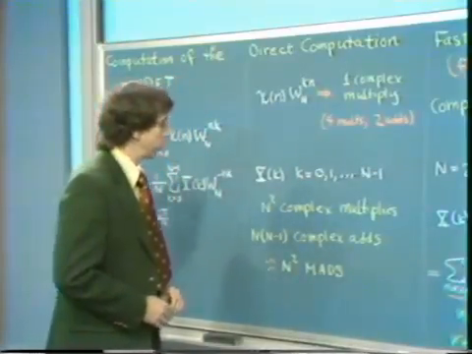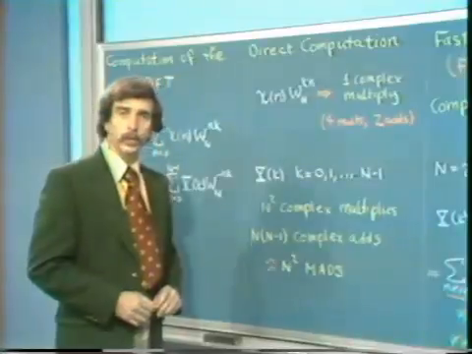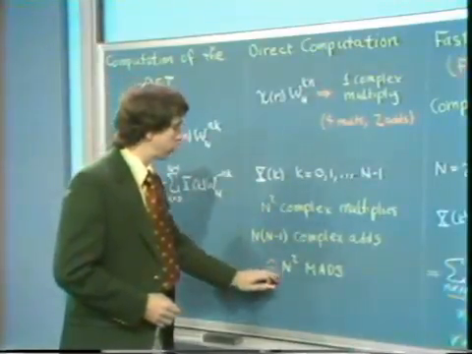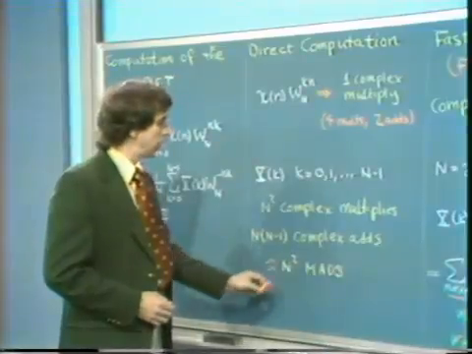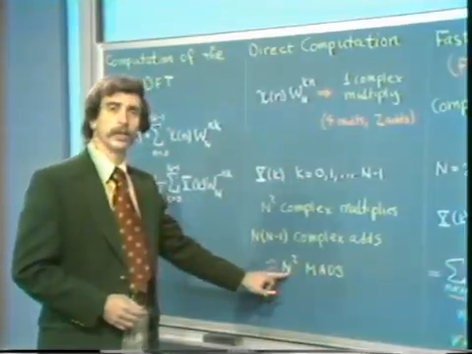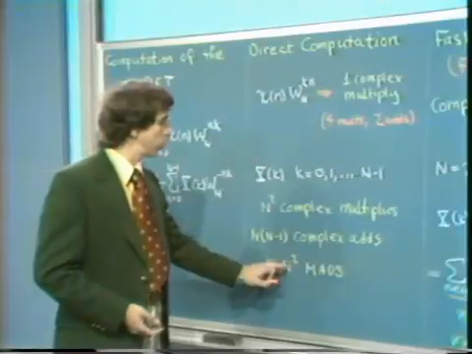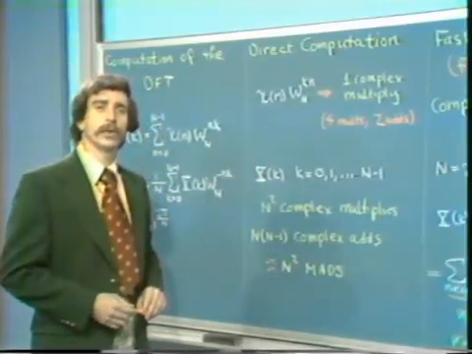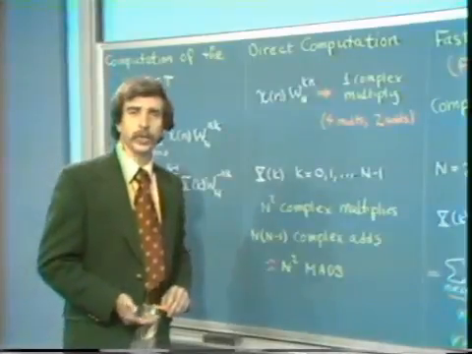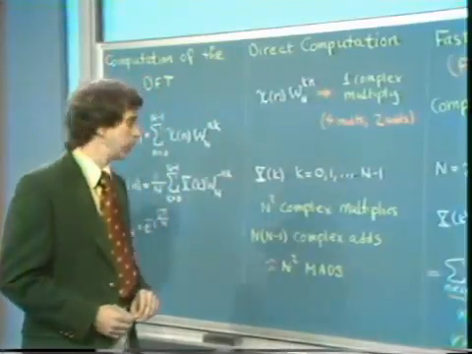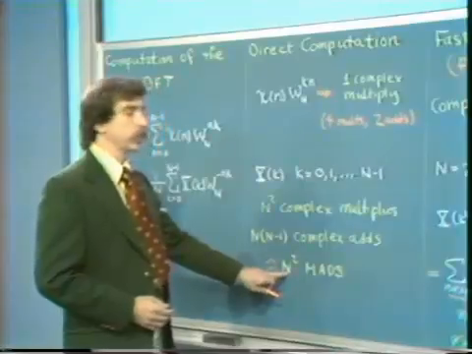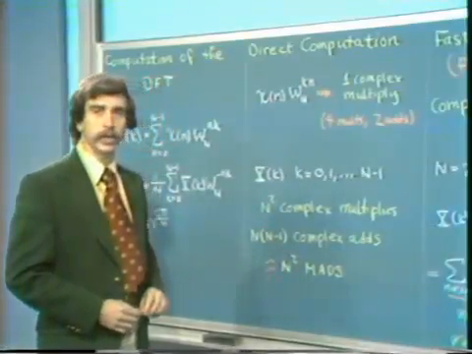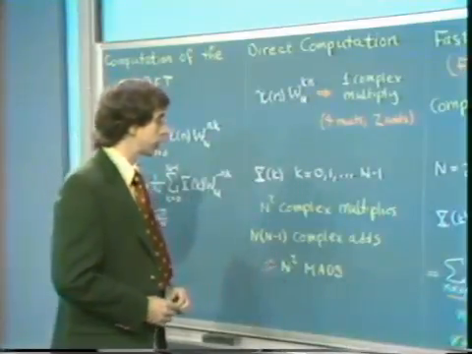And you can, I think, convince yourself rather quickly with some fairly standard computers that if, in fact, the computation to be done is proportional to N squared, then very large transforms certainly aren't possible in very reasonable amounts of time. For example, if N is on the order of 1,000, then we're talking about on the order of 1,000,000 complex multiplies and adds.